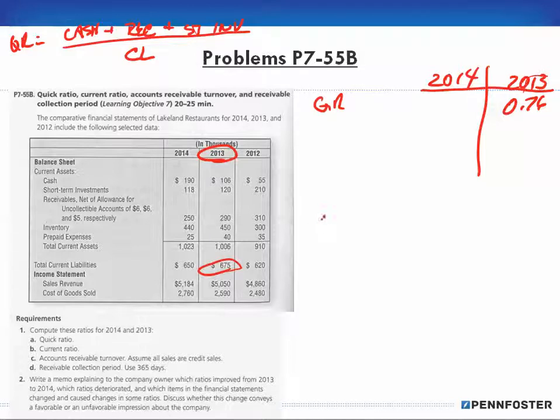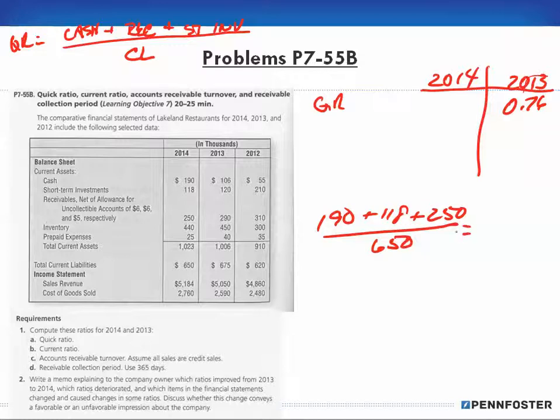All right, so for 2014, I'm looking at 190 plus 118 plus 250, and that's over 650. And when I add all of that up and divide by 650, I end up with 0.86 as my quick ratio.